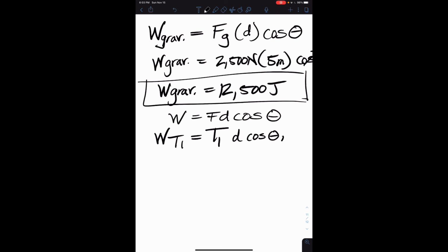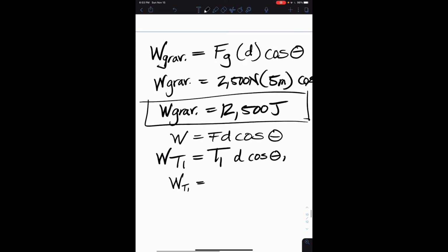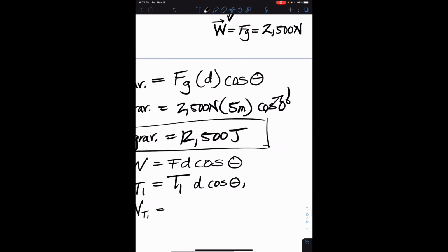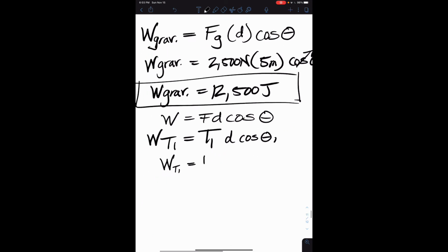The work done by T1 is equal to T1, which we said was 1830 newtons, times the distance of 5 meters, times cosine of the angle, which we said was 150 degrees.